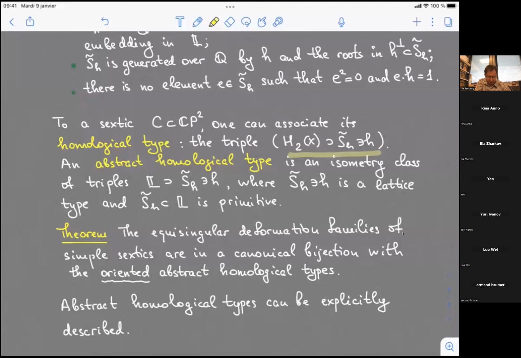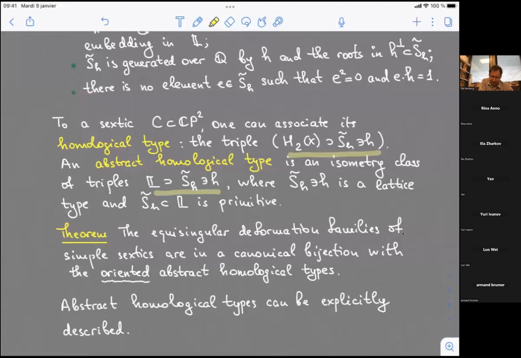So what does it mean oriented? So okay, if we have a homological type, let's say an abstract homological type, so we have such a triple.